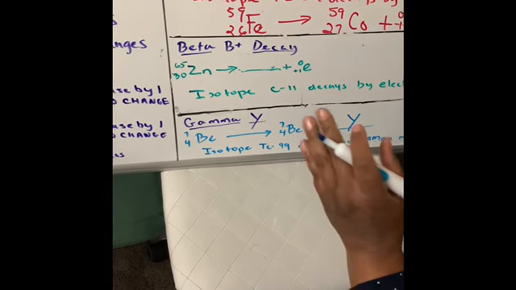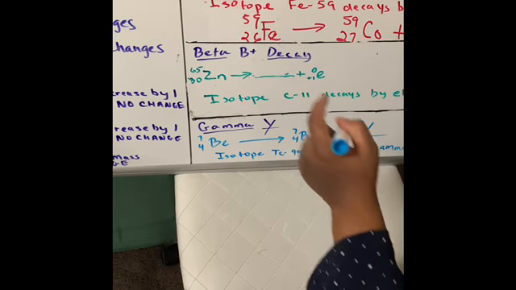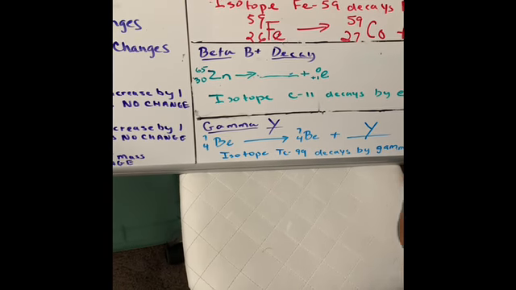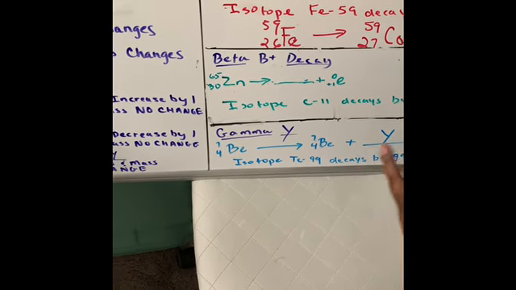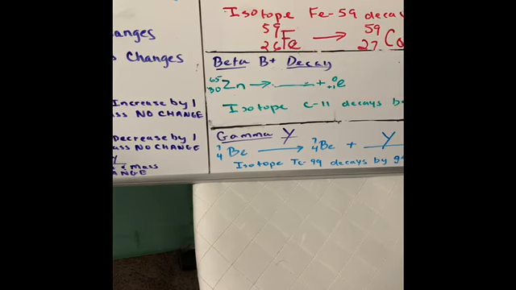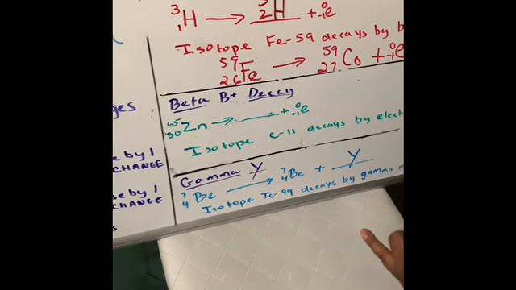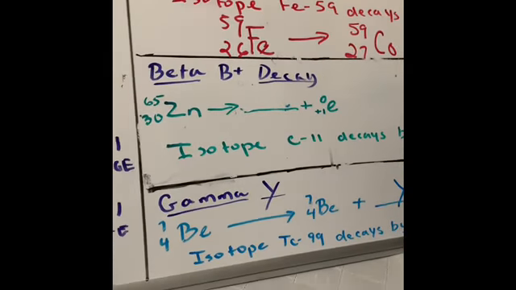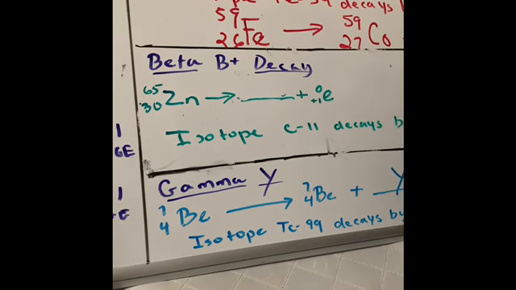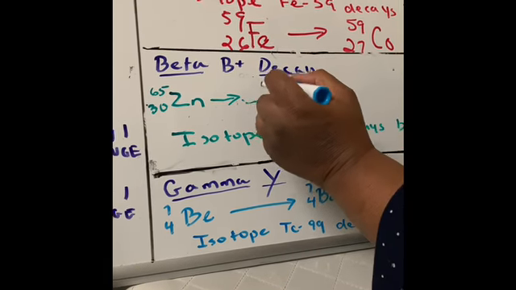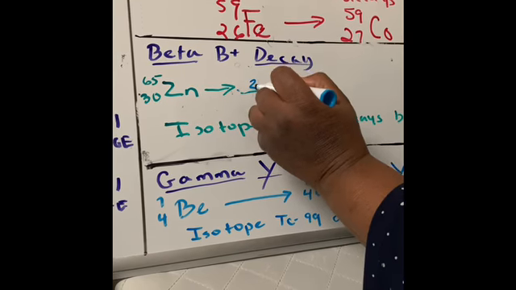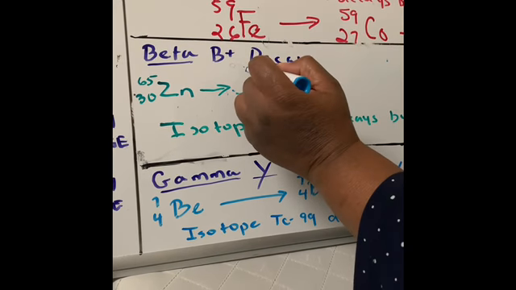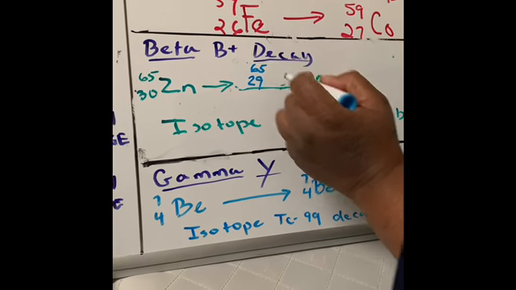So we're going to finish up and go with beta plus decay. And so remember, with beta plus decay, the atomic number is going to decrease and the atomic mass will stay the same. So in this case, we have zinc and the atomic mass is 65. The atomic number is 30. So the new atomic number is going to be 29, while the atomic mass will stay at 65.